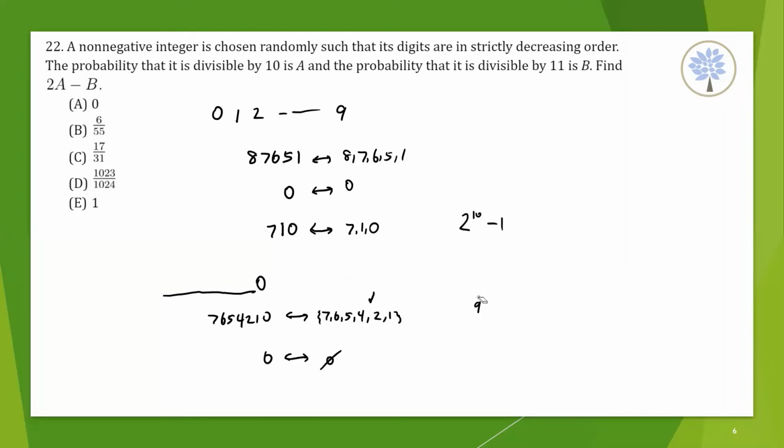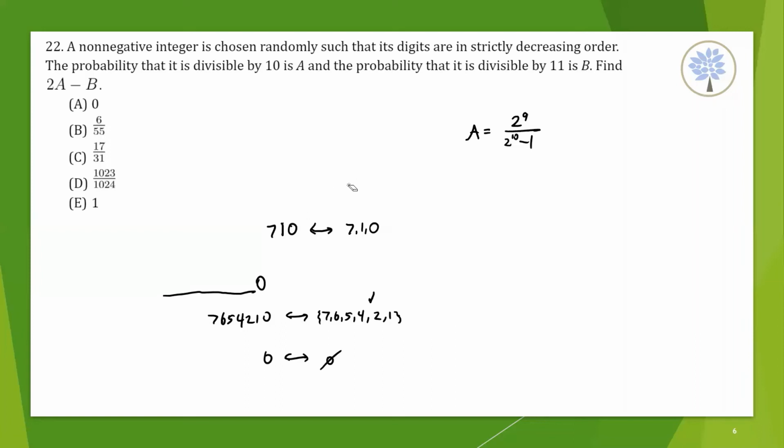This gives us a final probability of A equals 2 to the 9th over 2 to the 10th minus 1. And so now we've found the value of A. Let's try to find the value of B now. So let me erase all this and let's consider the value of B.